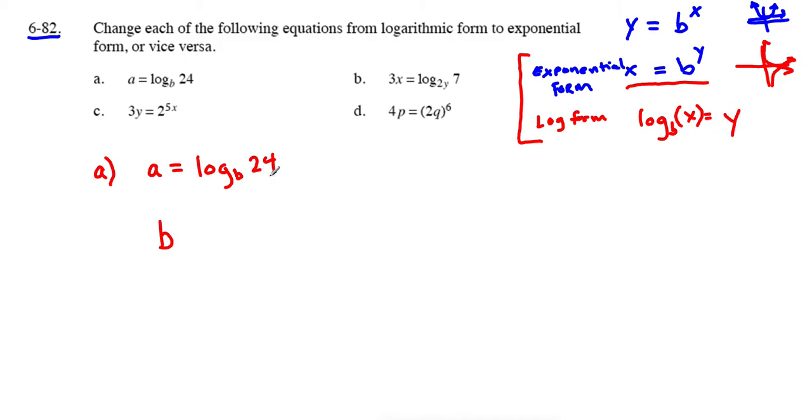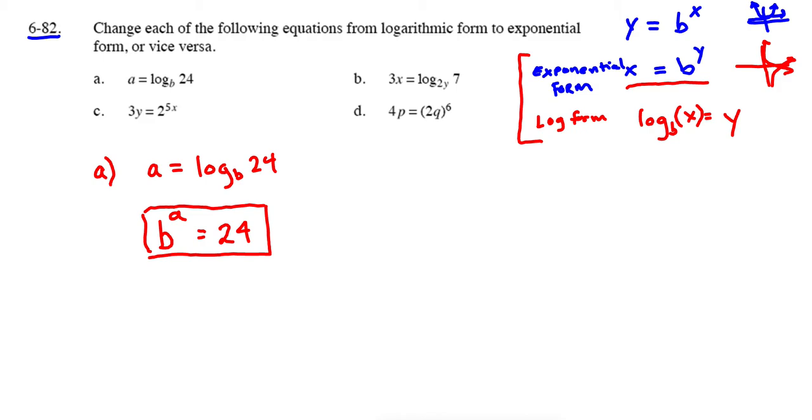So it's not going to be 24. In this case, even though it's written the opposite direction here, it's A. So we're going to say B to the power of A should equal whatever our leftover would be, 24. So there is our answer for letter A.